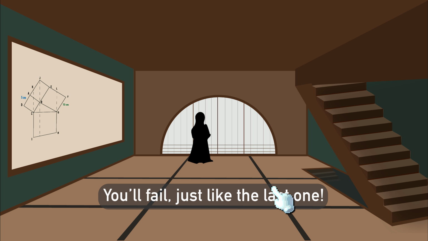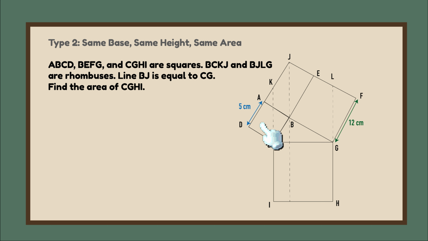This level seems harder. Okay, so we have ABCD, BFG, and CGHI. They are squares, and then we have rhombuses BCKJ and BJLG. So first we can find the areas of the square, right? There's 5 cm, 12 cm, so I'm just gonna go ahead and do that first.